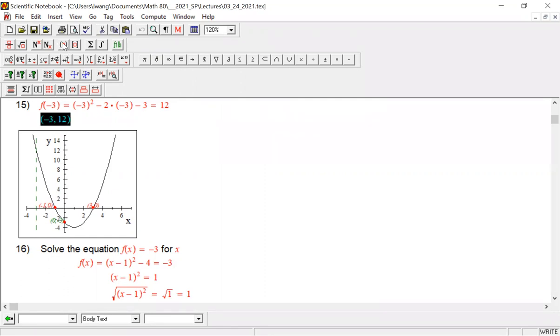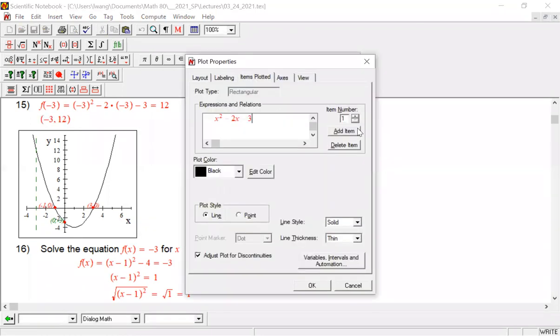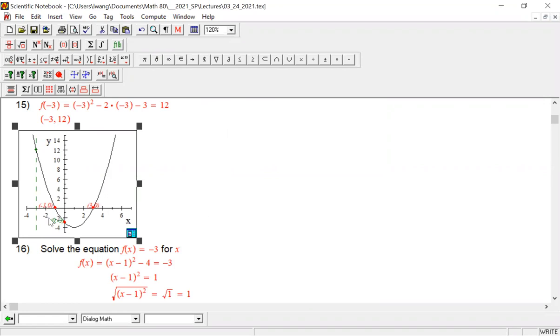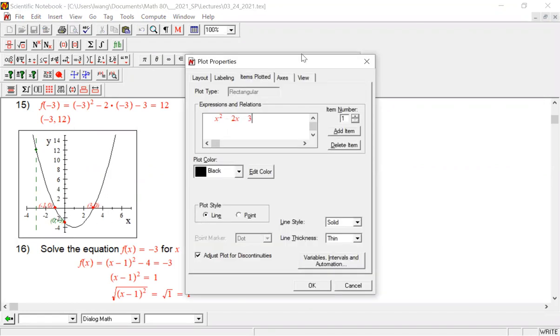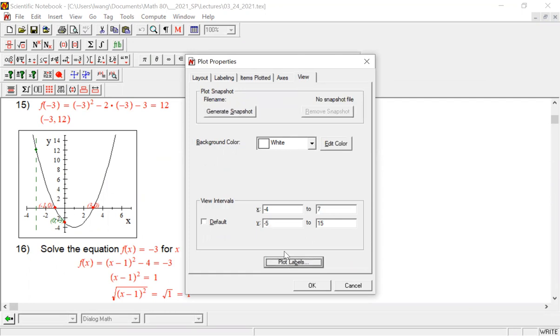And that point does have a place in the graph. Okay, so I'm going to put a red dot right there. Should I put a green dot? Let's do the green dot. And shall we mark that point? Let's mark that point.